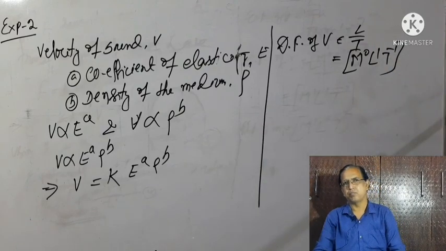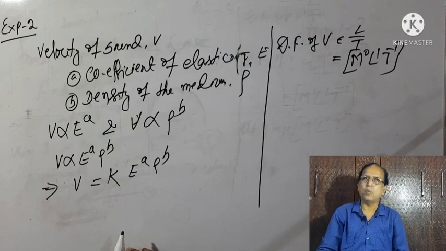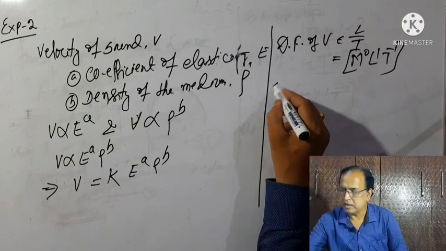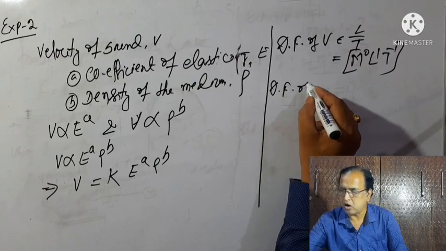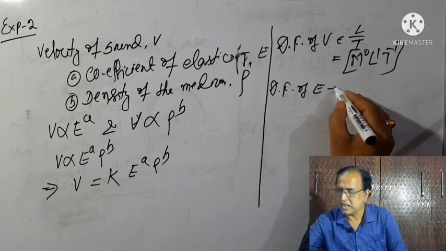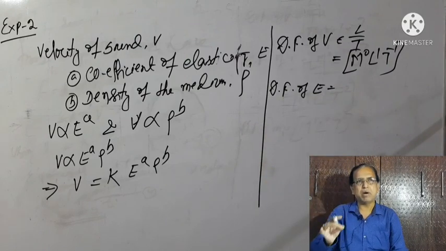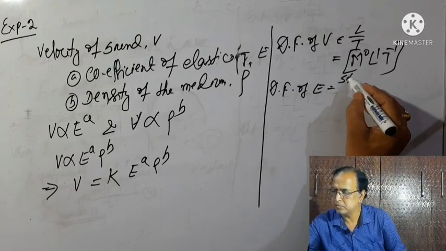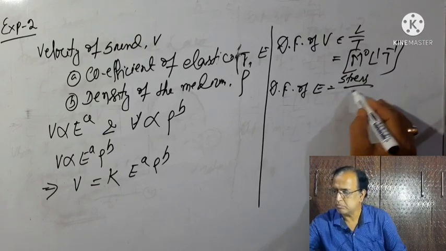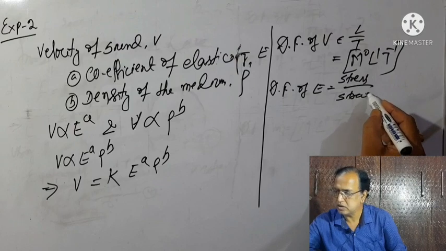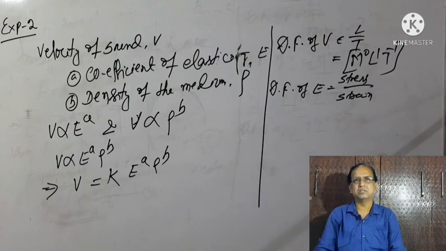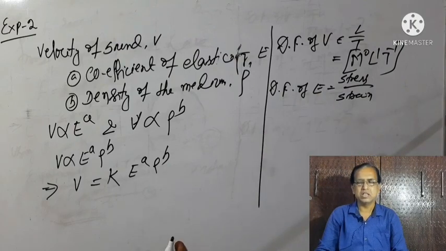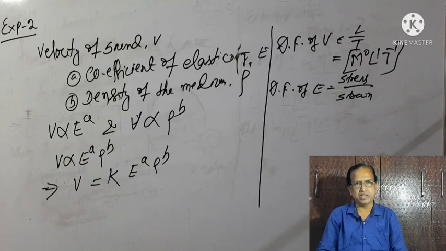E is the coefficient of elasticity. Dimension formula of E: E is equal to stress by strain. What is stress? What is strain? Stress is force per area.